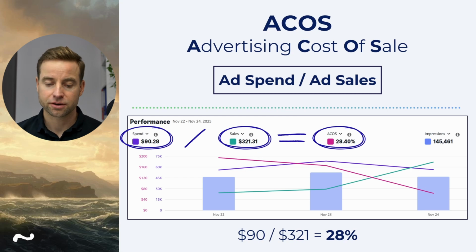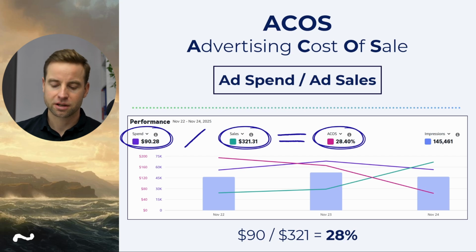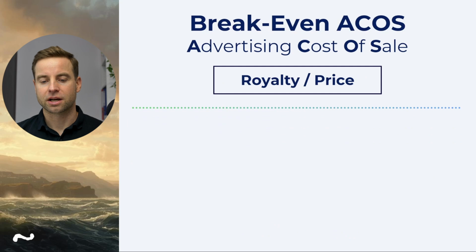This is a sales value calculated from your list price, so it is the value of sales that you generated for Amazon, not for yourself. Effectively, if the sales value is around $300, you are probably getting only around $100 in royalties paid to your account from Amazon. That's why it is really important to calculate our break-even ACOS.